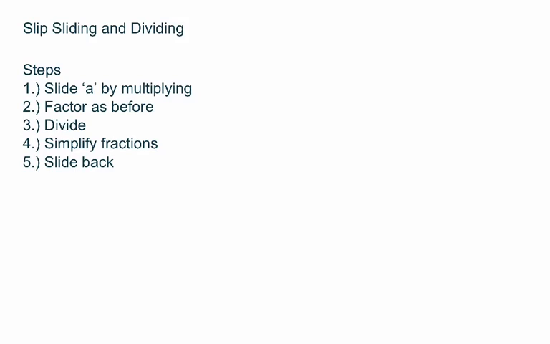So let's take a look at our first example, which is 2x squared minus 5x minus 12. So step number 1, slide A by multiplying.